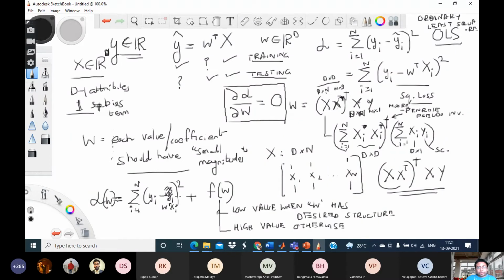Now you can see that there are two components in this objective function. One is to fit the model onto the data. The second is to enforce the structure on W. So I can call the first the empirical loss, and the second the structural loss.